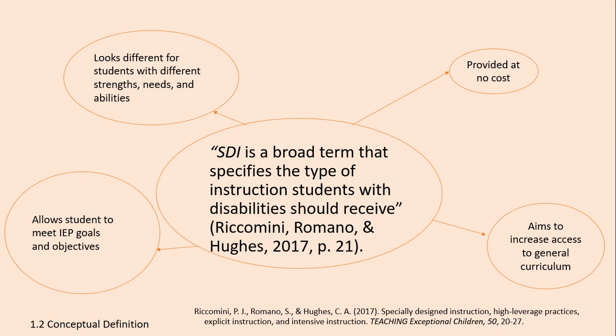At its core, SDI looks different for different students with different strengths, needs, and abilities. SDI is provided at no cost to the student or students' families. SDI aims to increase access to the general curriculum, and SDI allows students to meet the goals and objectives outlined within an individualized education program.